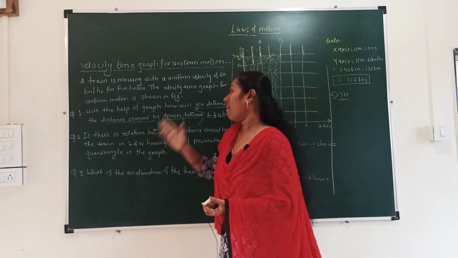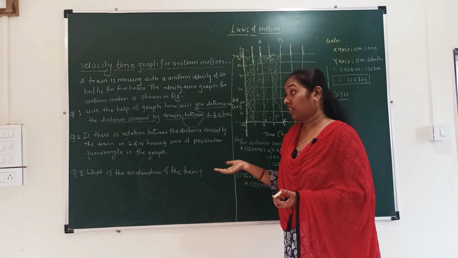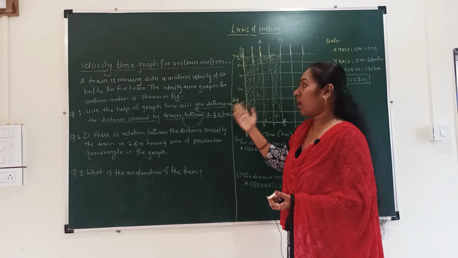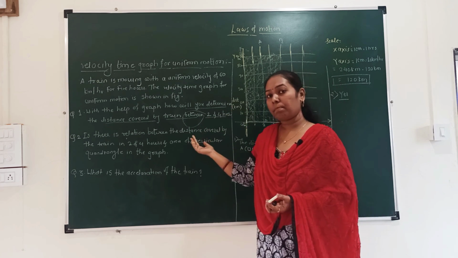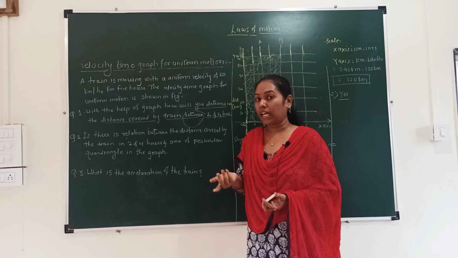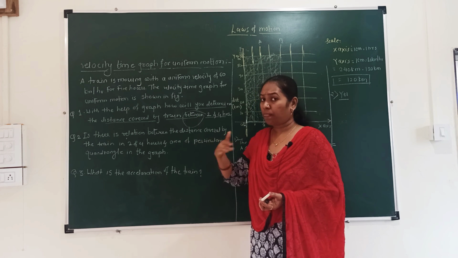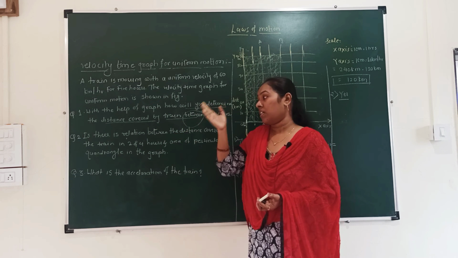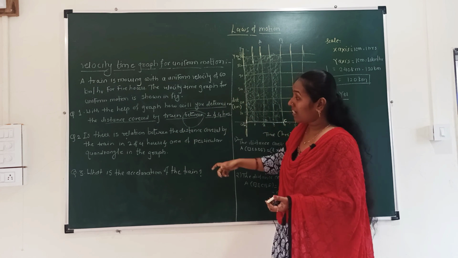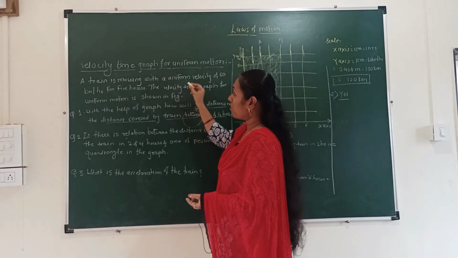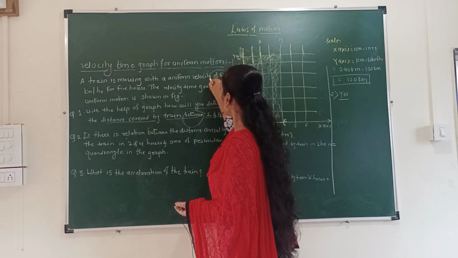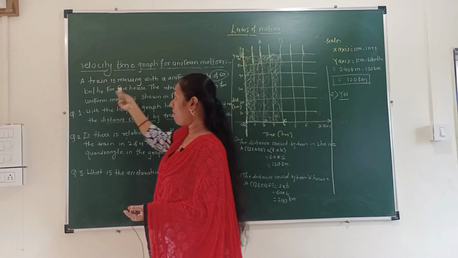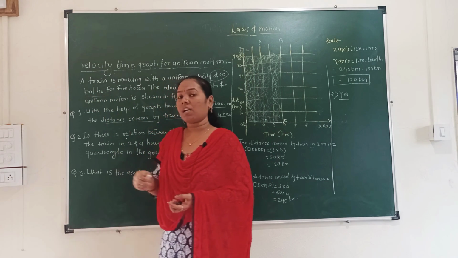Here the velocity remains constant. There is no change in velocity. The velocity is 60 km per hour. There is no change, meaning the velocity neither decreases nor increases. The train is moving with a constant velocity of 60 km per hour.